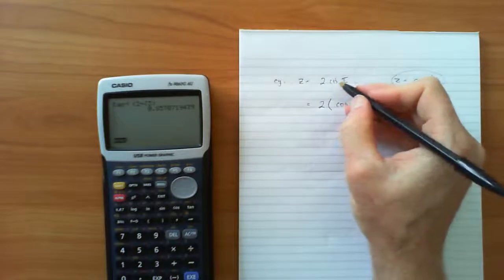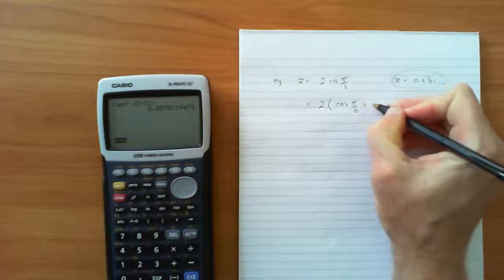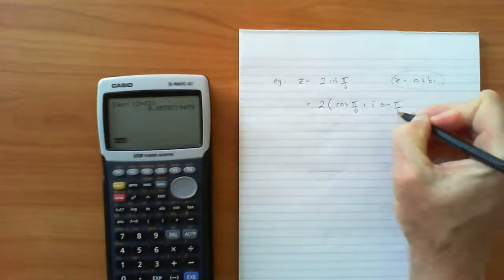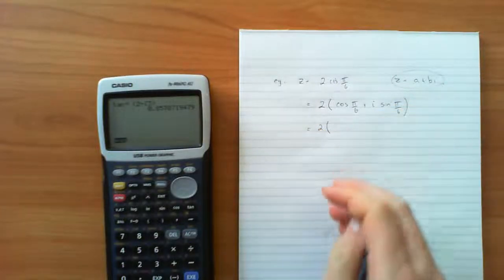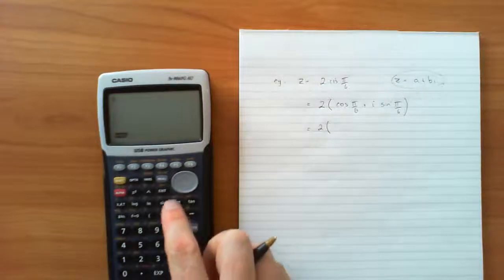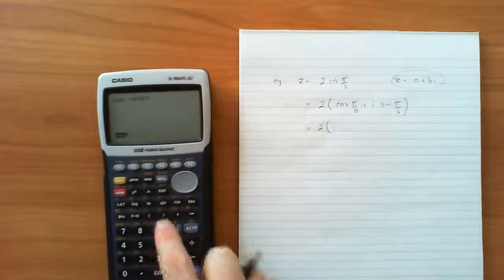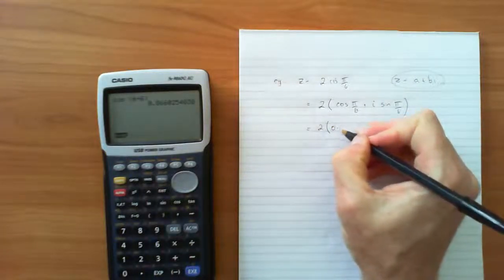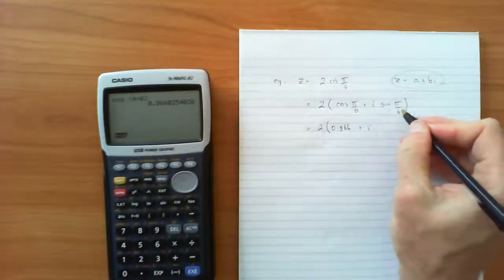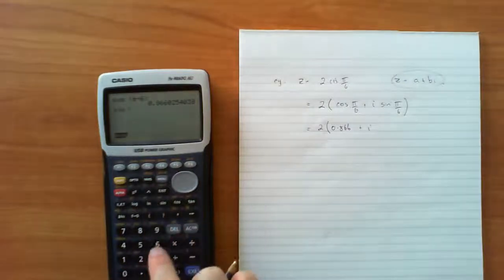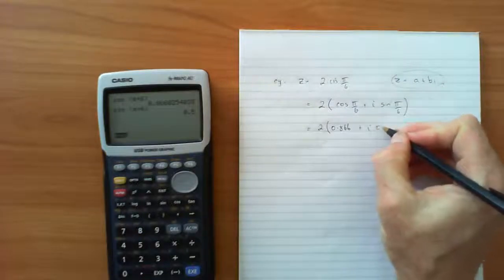So here I convert the cis to cos pi on 6 plus i sine pi on 6 equals 2, and then I just get my calculator and I work out the cos of pi divided by 6, and I get 0.866 plus i times the sine of pi on 6, and these ones you should know. Sine of pi divided by 6, close brackets, equals a half.